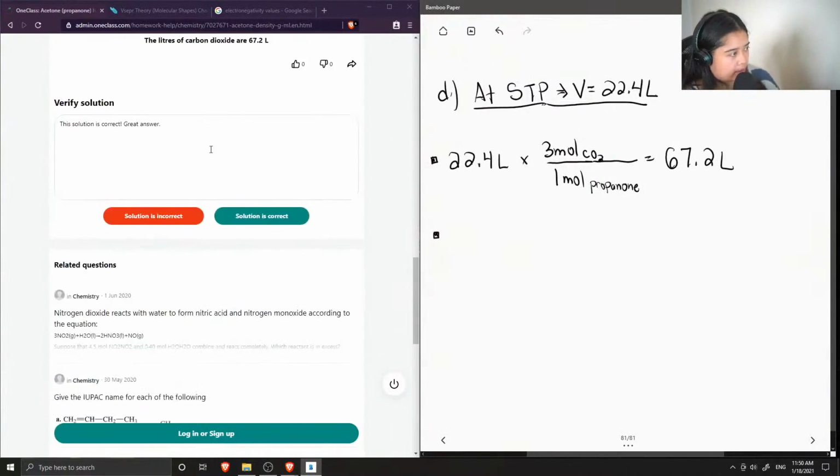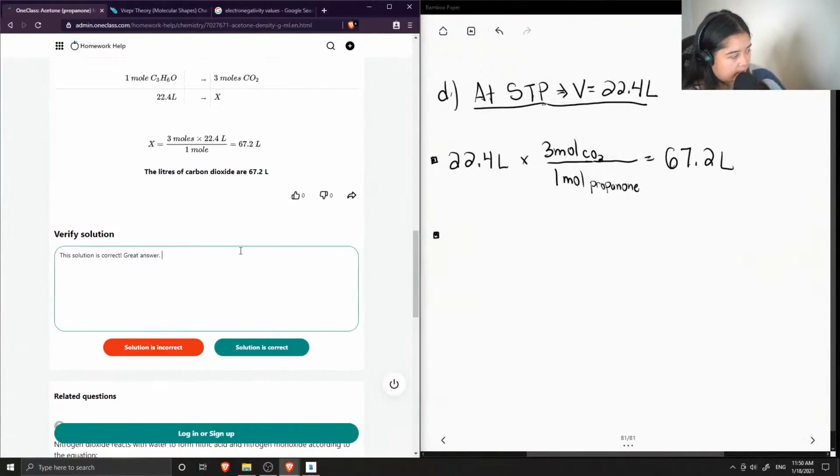Yeah, the solution is correct. Then I'll just add a note. Molar volume is equal to 22.4 liters, which is why 67.2 liters of CO2 is produced.